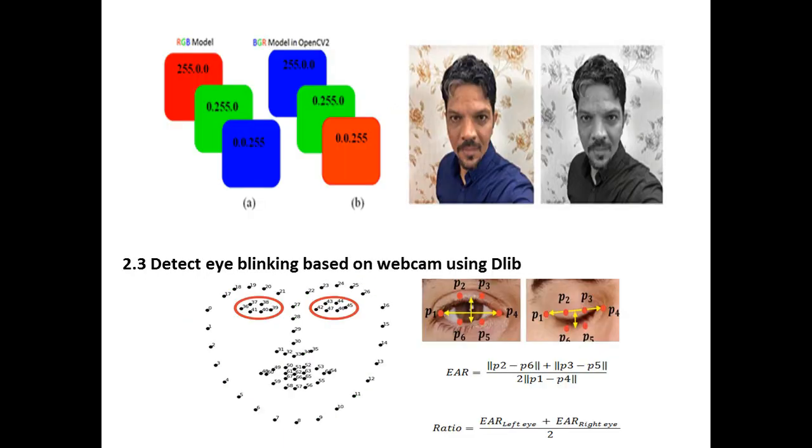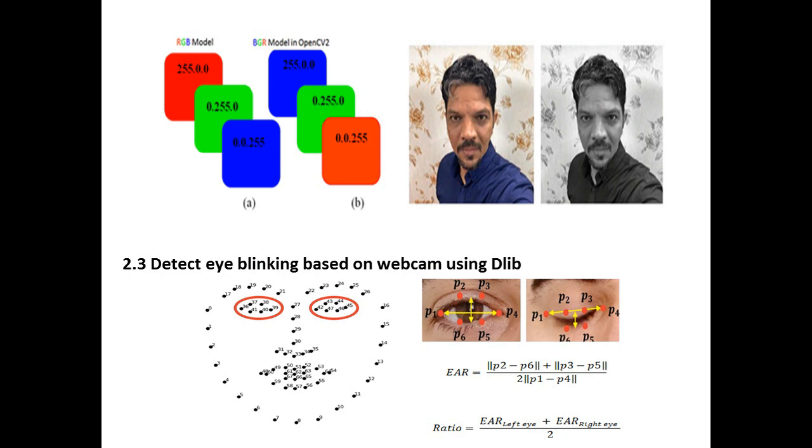A digital image on screen is presented through a matrix of pixels. The numerical values range from 0, which represents black pixels, to 255, which represents white pixels.